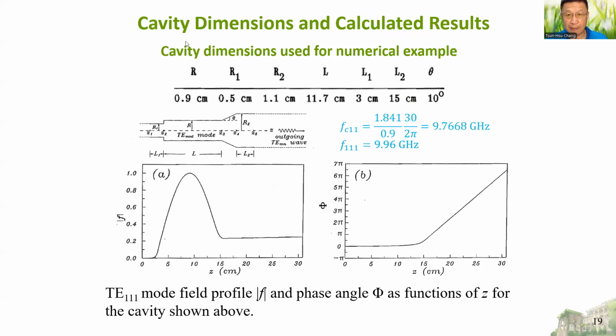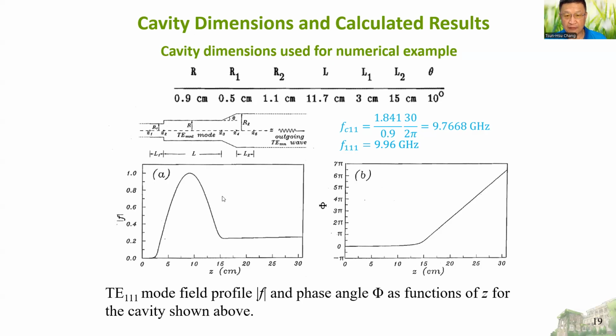Okay, cavity dimension and calculate the result. Here is the cavity dimension used for the numerical example, just like this one. Okay, it's on OpenCAVT. And the result we will obtain: f, absolute value, as a function of z, and phi, the phase, as a function of z.